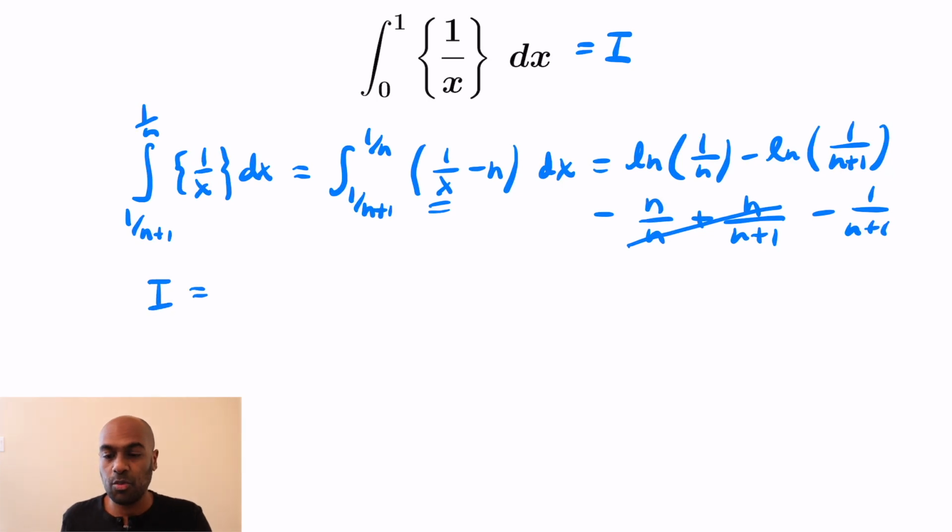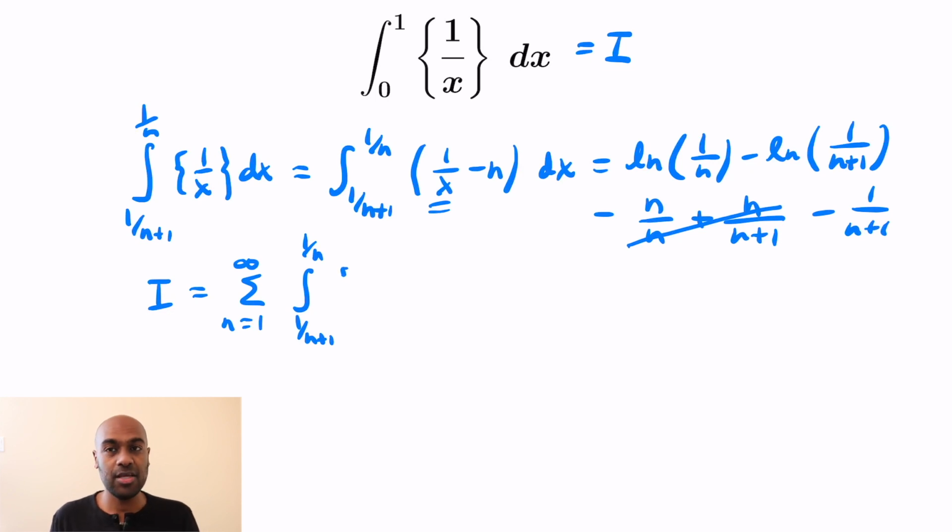And now the question is what's going on with the logarithms? We'll see that something interesting happens when we look at the sum altogether, ranging over all these possible values of n. If we take the integral from 0 to 1 of the fractional part of 1 over x, the floor of 1 over x can range over all positive integers. So we'll have the sum from n equals 1 to infinity of the integral from 1 over n plus 1 to 1 over n of this fractional part.